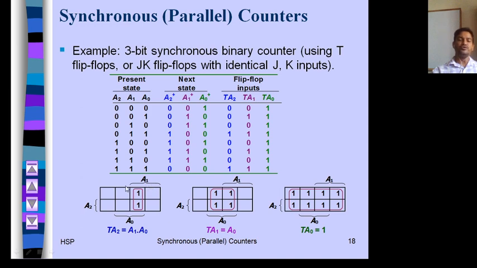You know 00, 01, 11, 10. Now similarly solve for TA1. This one quad is possible. This will be TA1 is A0. You are already aware with K-map, so try to solve these three. TA0, there is one octet, or you can say all are 1, so it will be 1. TA0 is 1.